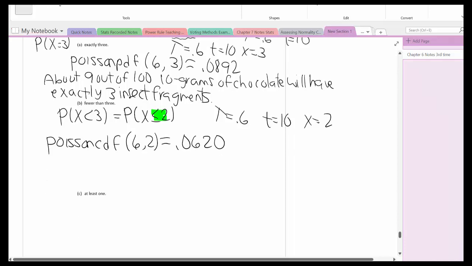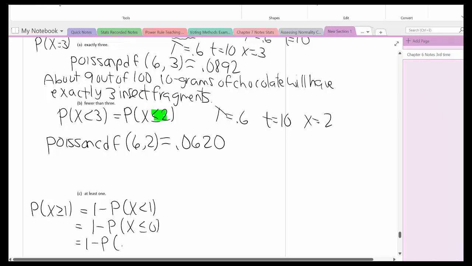Okay, let's take a look at part C. So at least 1, that's the probability of x is greater than or equal to 1. Well, that is exactly the same thing. Using its complement is 1 minus the probability x is less than 1, which is exactly the same as 1 minus the probability that x is less than or equal to 0, or I can write it as 1 minus the probability of x is equal to 0, which is what I'll use here.